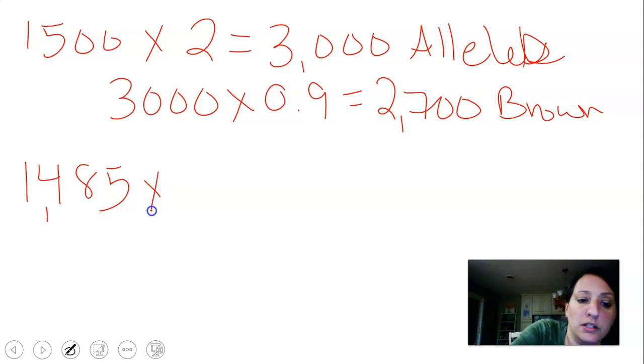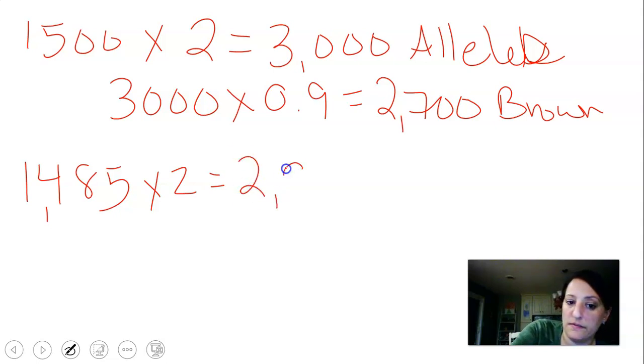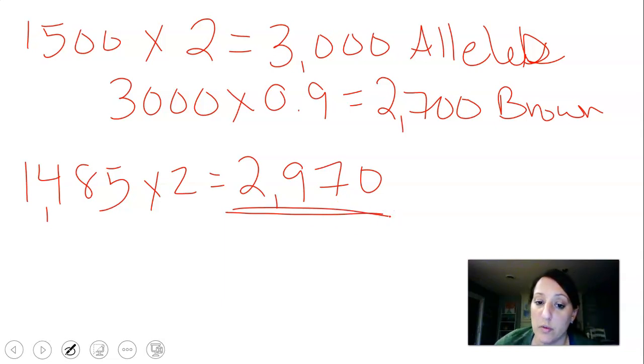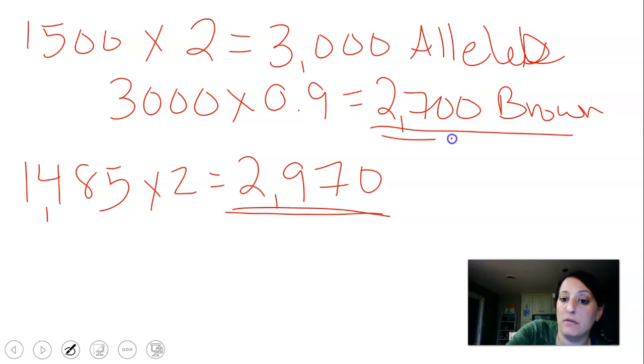We have to multiply that by 2 to get the number of alleles. And that's going to be 2,970, which is the same thing as 3,000 minus 30. So either way, you could have done it. So here's the total number of alleles left after we lose all those blue-eyed people. Here's the number of brown alleles that are present.